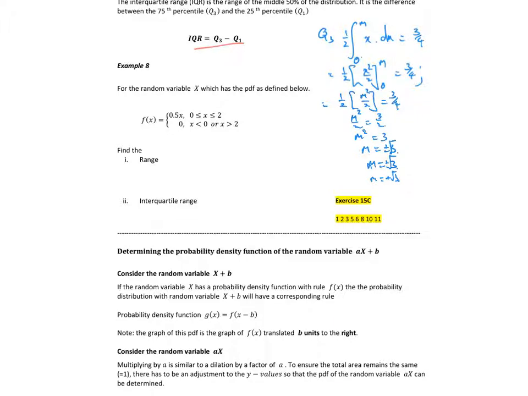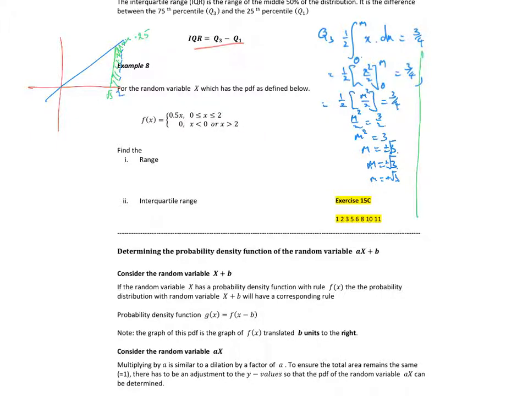So if I was to sketch my graph here at 0.5x, we're saying up to 2. What I'm saying is that here at root 3, that section there is 0.25. Because the other section is 0.75.